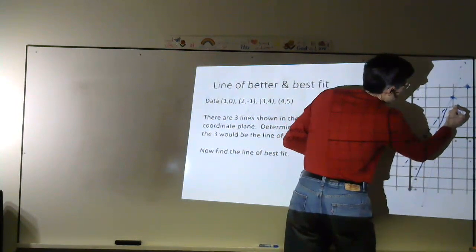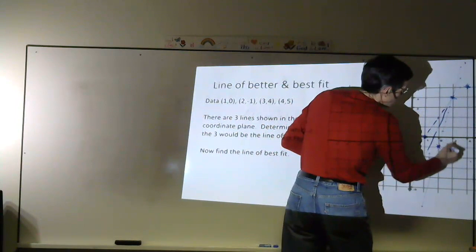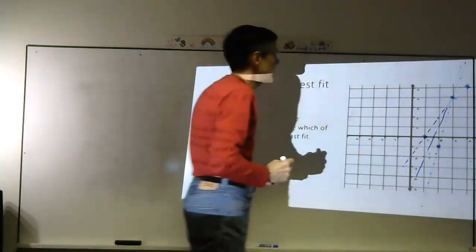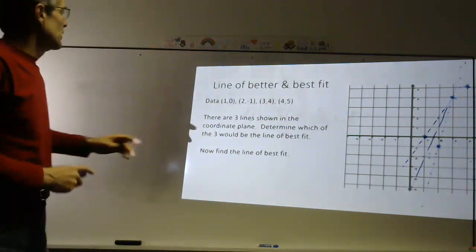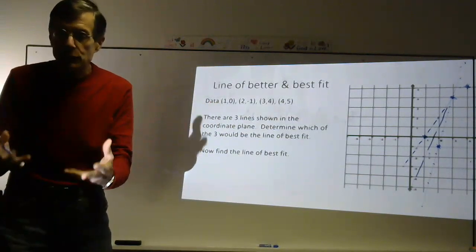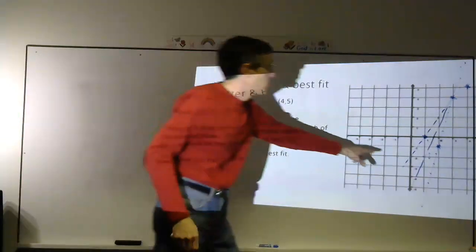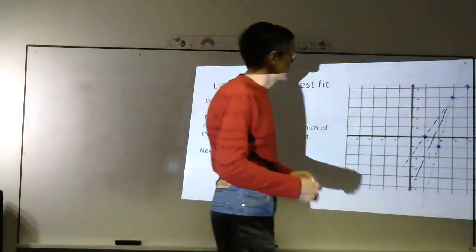And the last one coming down through like this. Hope that didn't make that too complicated. We want to find which of these 3 would be the line of best fit. Okay, we need the equations of these 3 lines.